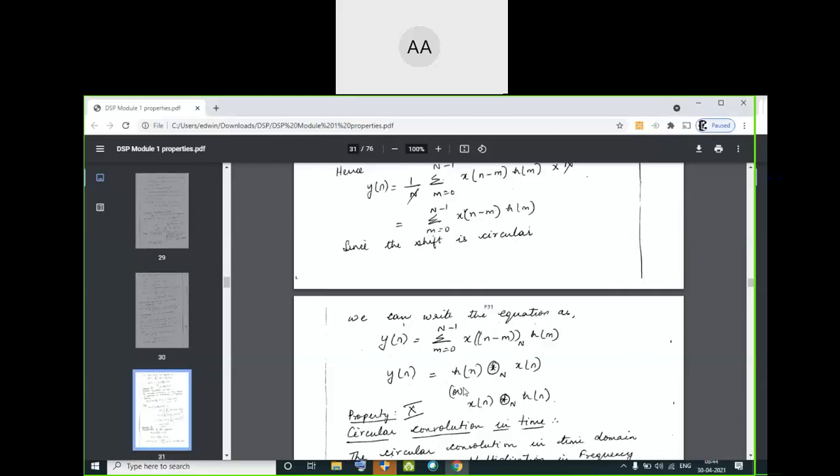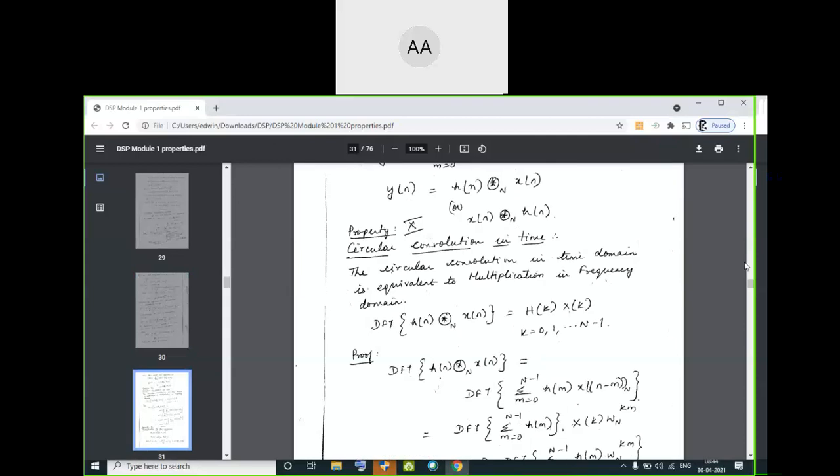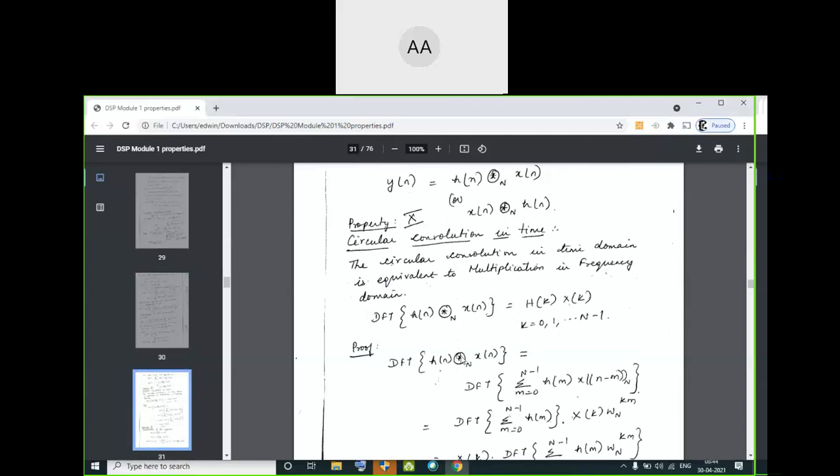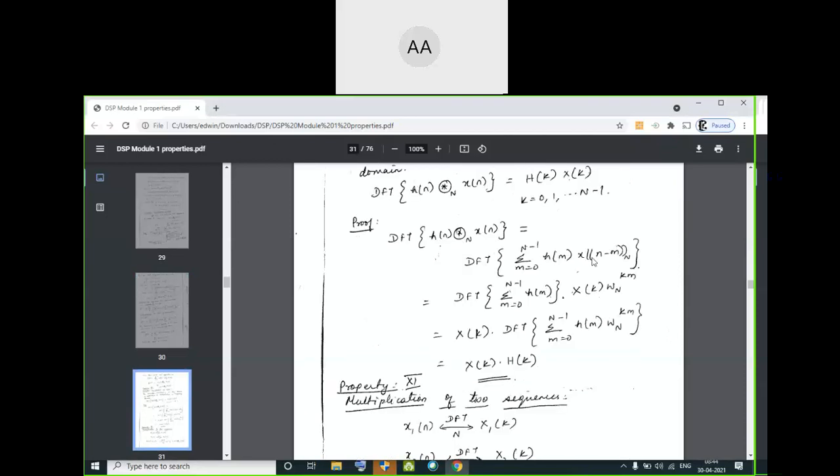Okay. So this, if you see, this proof is much simpler. See here, h of n, x of n is there. Substitute the convolution equation. Here you're starting with the LHS, so it's very easy. Start with the LHS: convolution, you know, h of m into x of n minus m. Keep this summation, you know, the DFT of these terms.